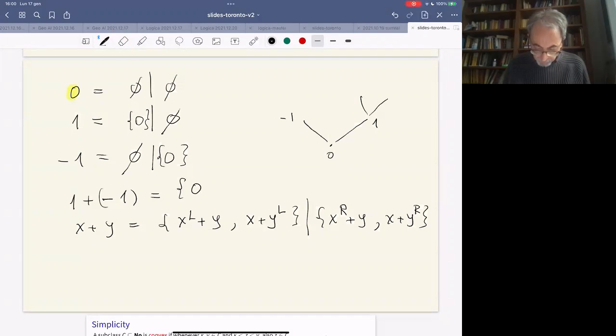So if you take x equal 1, the left option is just 0. Plus y, so plus minus 1. And then you have x, which is 1, plus the left option of y, nothing. So this term disappears. There is no left option of y.